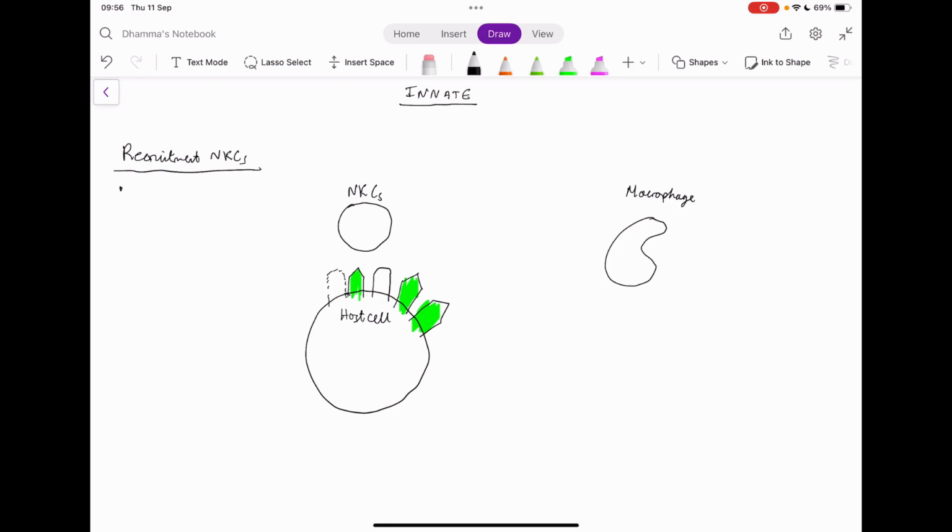One of them is too many of these normal receptors being expressed, which is forced self. This one is loss of a normal one in healthy state, which is missing self. And we call them self because they're expressed in the healthy state by the host cells. So they're not foreign antigens, unlike what we'll see in a minute.